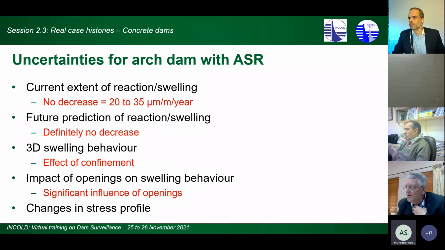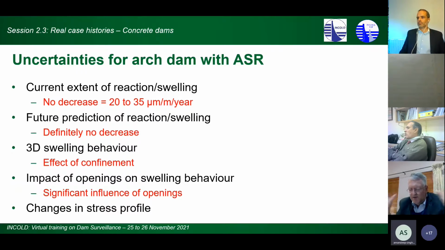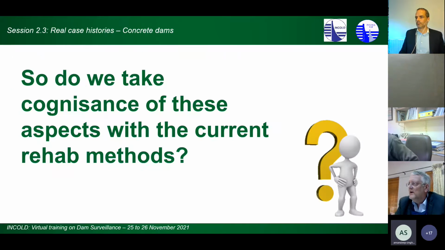I showed you guys the effect of confinement, all right, and also the significant influence of openings. It actually allows the strain to increase in those areas of unconstrained, of lesser constraint, if I can put it that way. And that's one of the things that you have to take into account if you look at current rehab methods, things like slot cutting, all right?